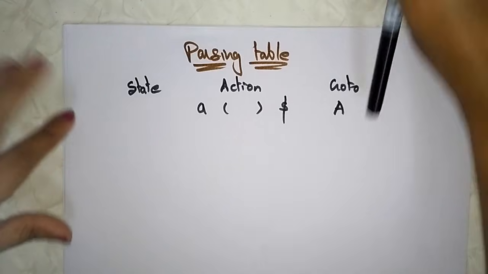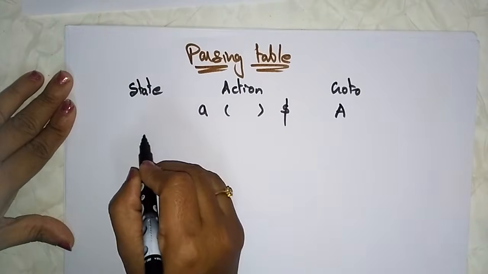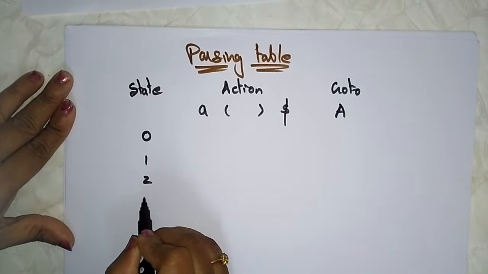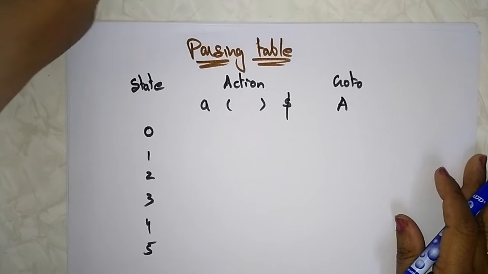How many states are there? 0, 1, 2, 3, 4, 5: total 6 states. Now let's see I0.